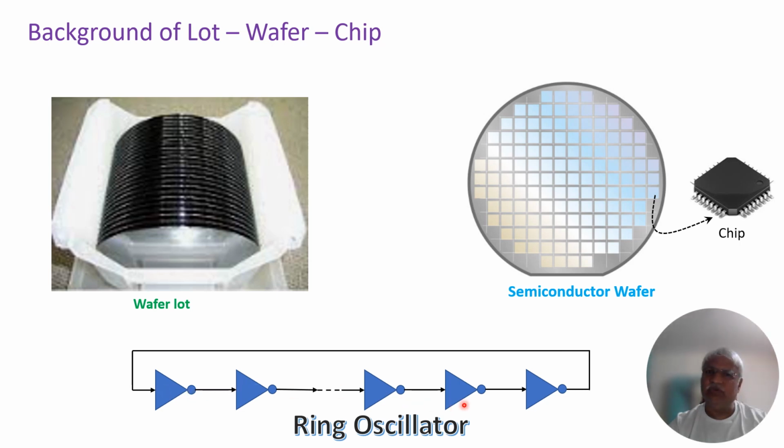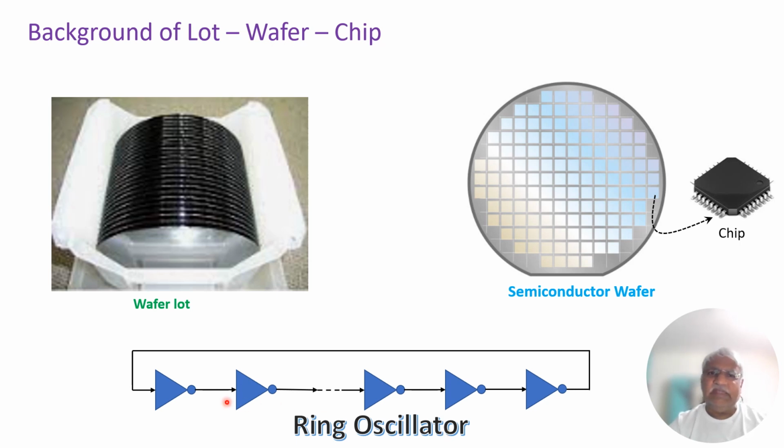Here I have shown it with the simple gate, and usually these will be 41, 39 or 541, 539 stages, like that. It depends upon what you want to measure, and the number will usually be odd. Since we have connected the output to the beginning one, the output will be oscillating. That is why it is called a ring, and since it makes continuous oscillations, it is called a ring oscillator.